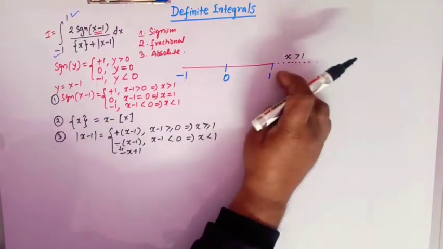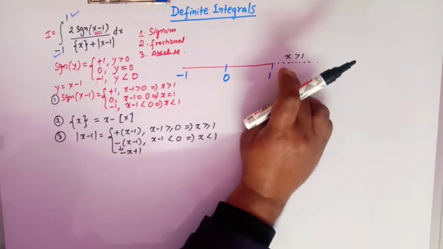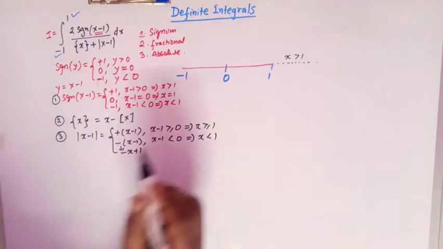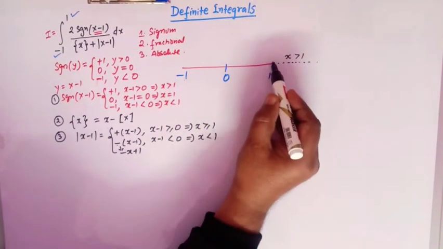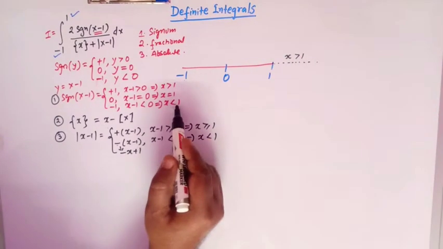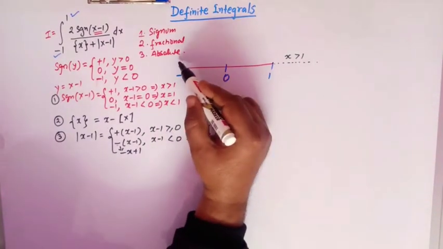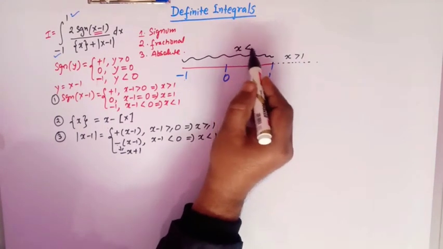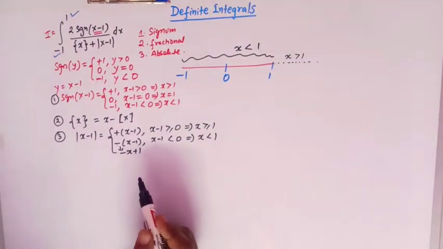So this part of the real number line is of no use to us, so we'll leave it. Then x is equal to 1 here, and then x is less than 1. This whole part is x less than 1.